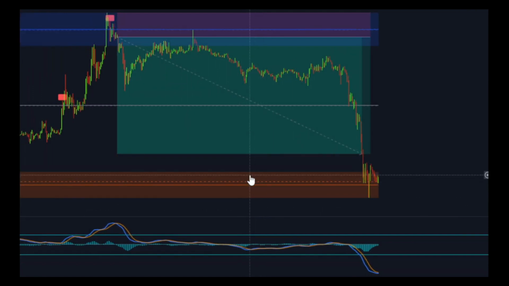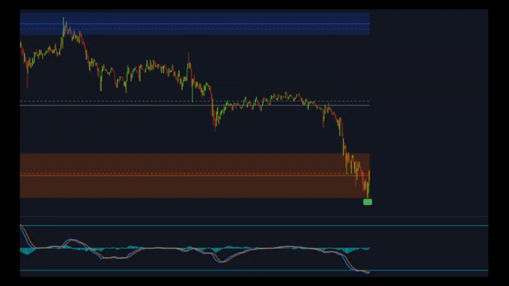Let's see another example. Let's see the conditions to take a long trade. First, we have to see that the price is in the demand zone, so we are going to look for long trades. Second, we have the ChatGPT indicator signal. And third, we see that there is a crossover in the Impulse MACD in our oversold area.